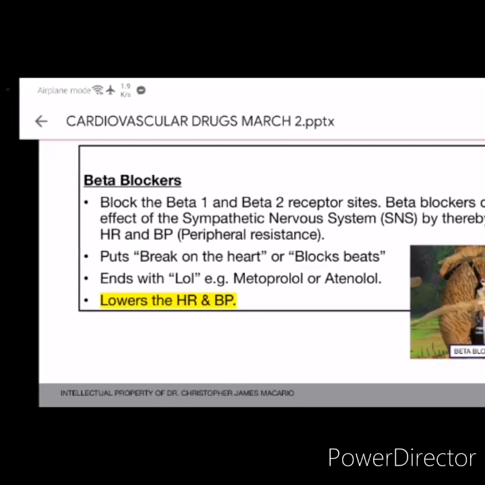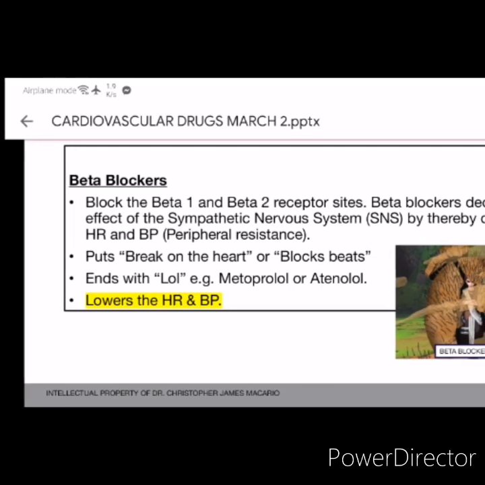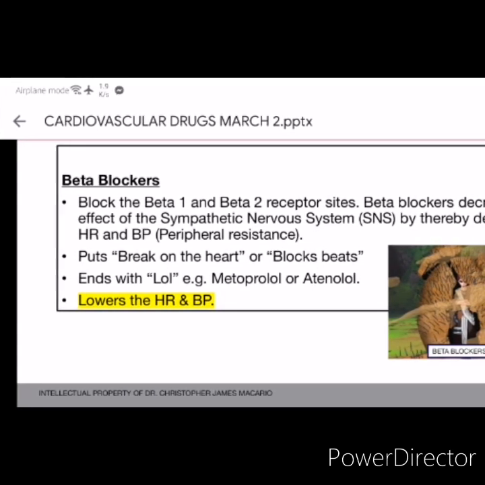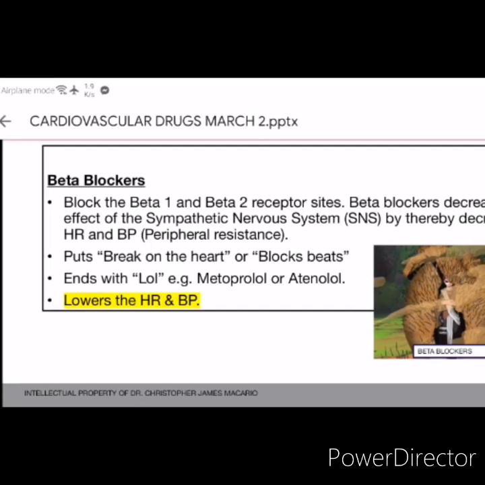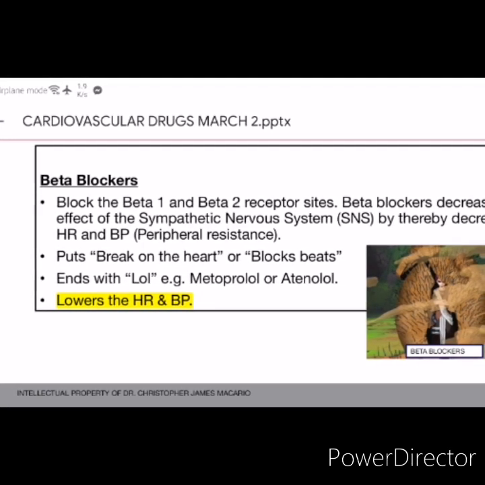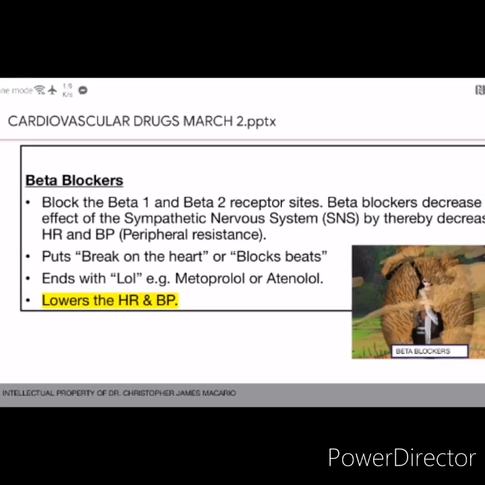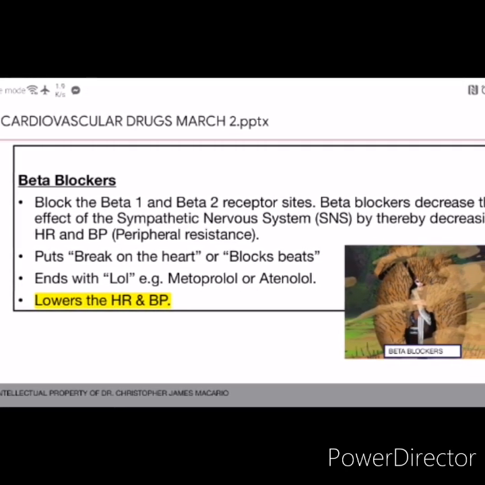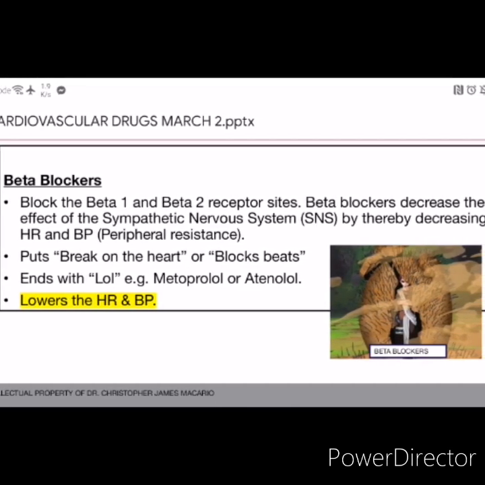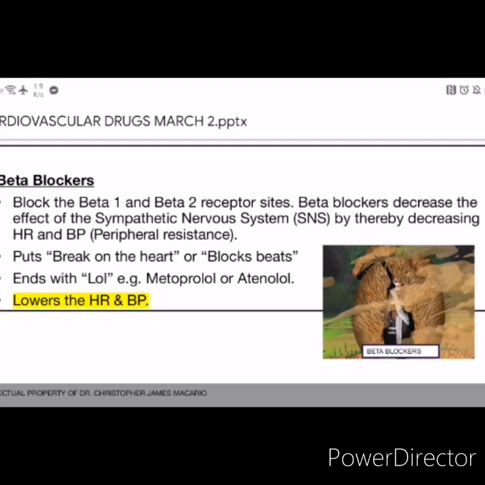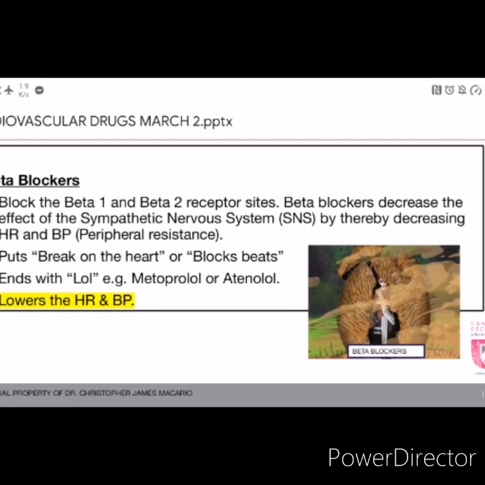The next one is your beta blockers. So, tapos na tayo sa ACE and ARBs. It's time for B, or beta blockers. Beta blockers block the beta 1 and beta 2 receptor sites. Beta blockers decrease the effect of your sympathetic nervous system by decreasing the heart rate and the blood pressure, or the peripheral resistance.